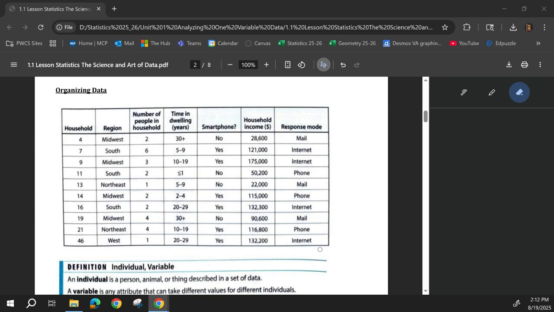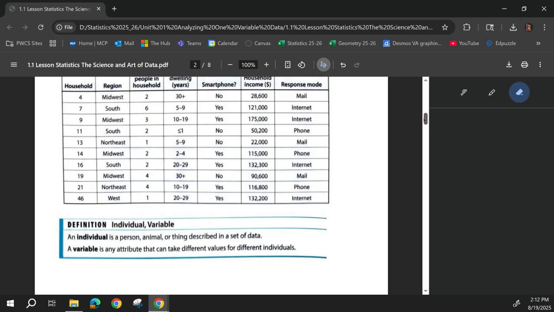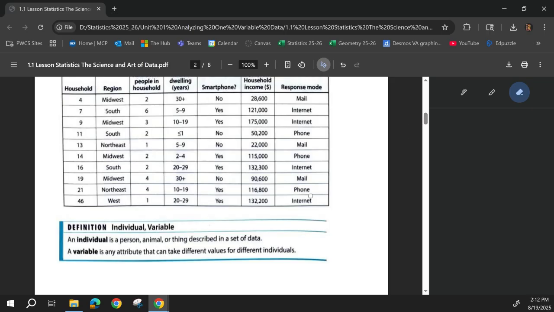So here we have a chart of data that was collected in some way, and that's the piece that we'll talk about maybe towards the middle of the year, how this data would have been collected. And we have a bunch of information about specific households. And if I look down at the definitions down here, they are what is displayed in this data.